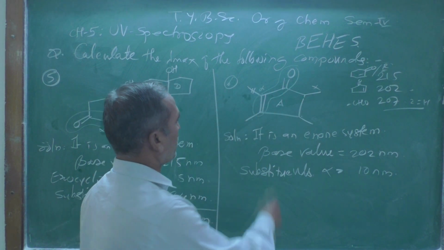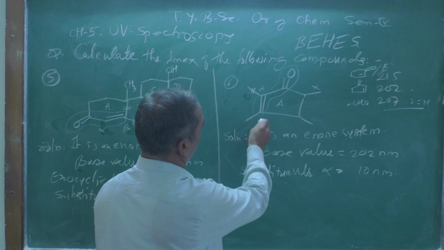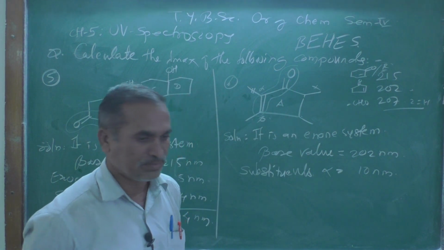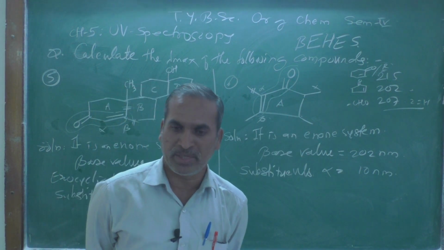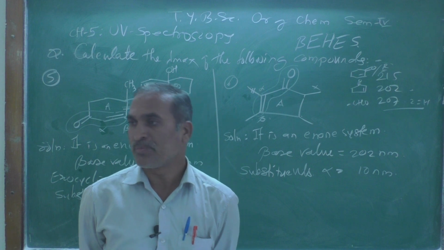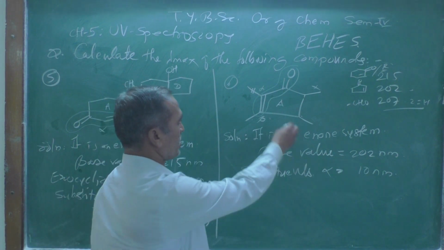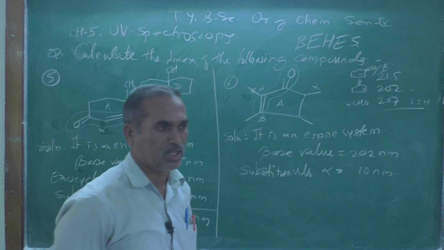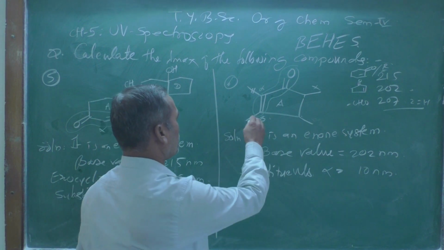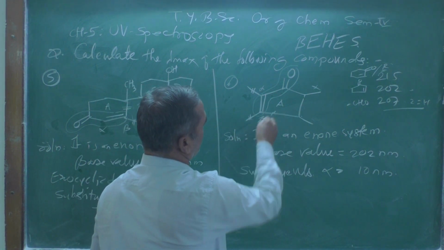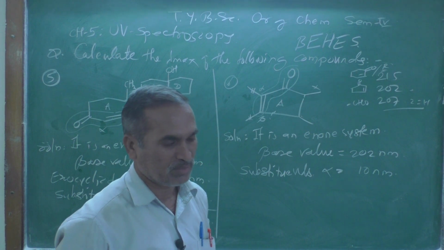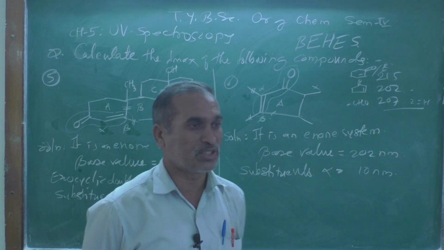Now the next carbon atom is designated as beta. Now count how many beta substituents are present over here. One is a ring residue, another is an alkyl group. So here you can see this one is 1 and this one is 2, which means there are 2 beta substituents.